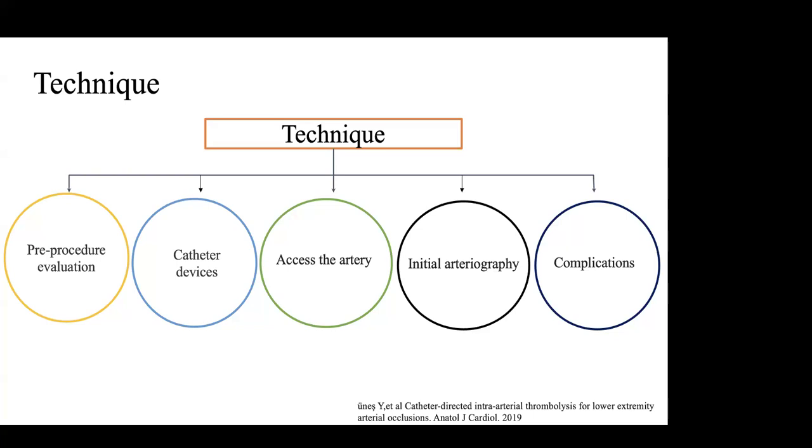Yes, sir. After the initiation of CDT, you shift the patient to ICU and you monitor the limb for improvement or worsening limb ischemia. Other than these, you also look for compartment syndrome, bleeding, or any other complications like acute neurological changes.